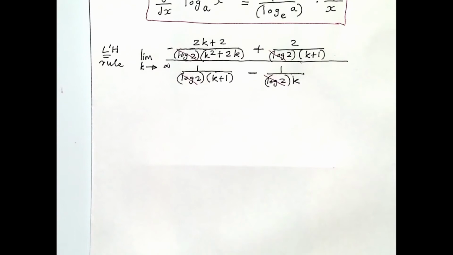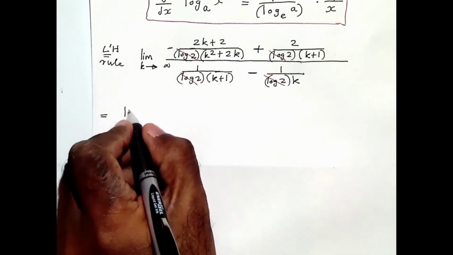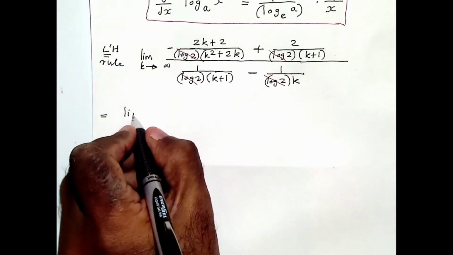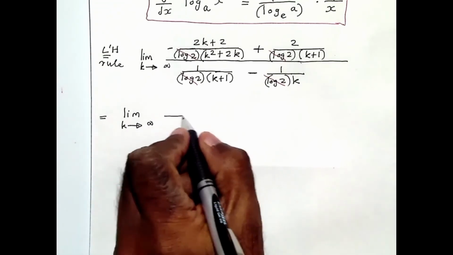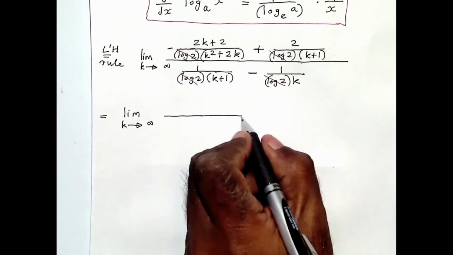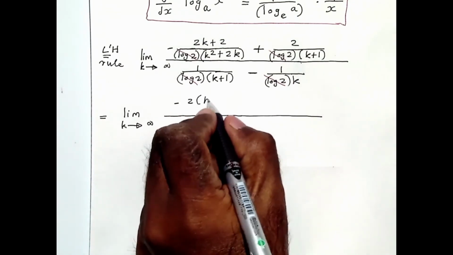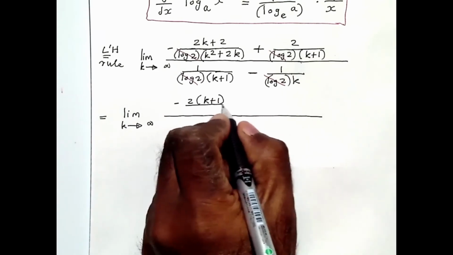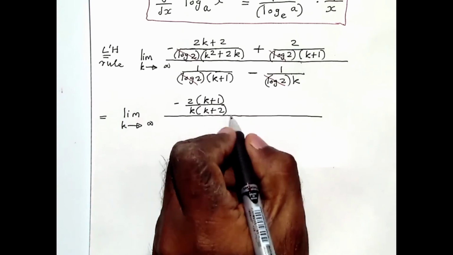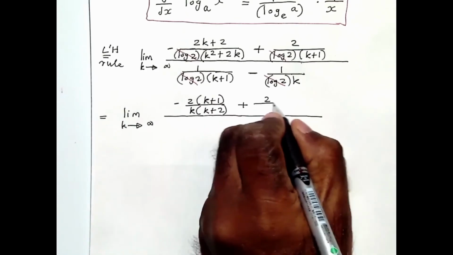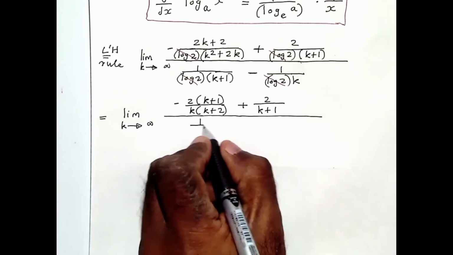So this is what you get after using L'Hopital's rule. Let me rewrite this in a simpler form. You have in the top 2 times k plus 1 divided by k times k plus 2, plus, and in the bottom you have 1.